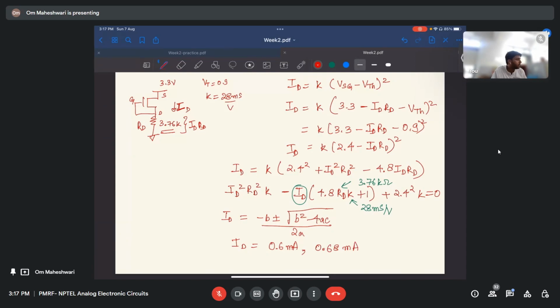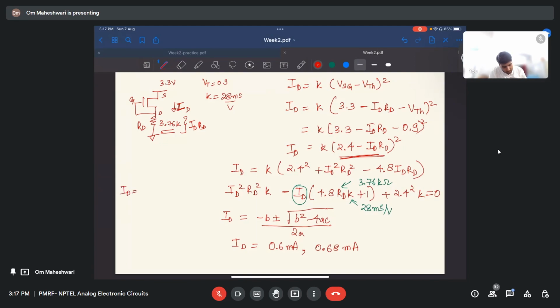How to identify that? For this current to be positive, the thing under the bracket should be positive, right? So let's see with both values of ID.